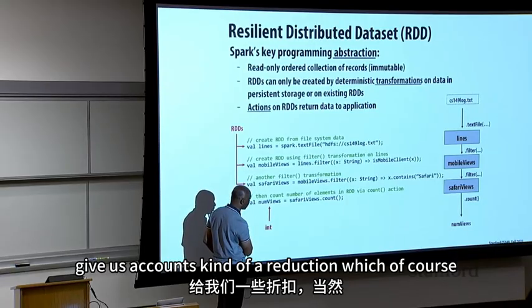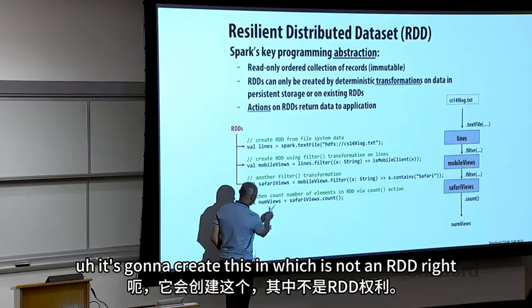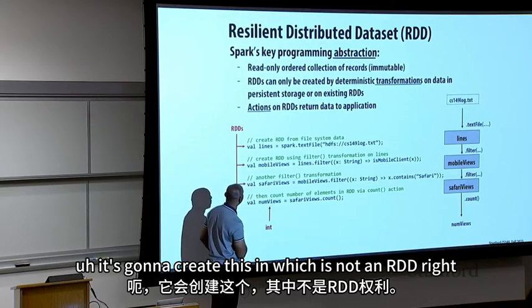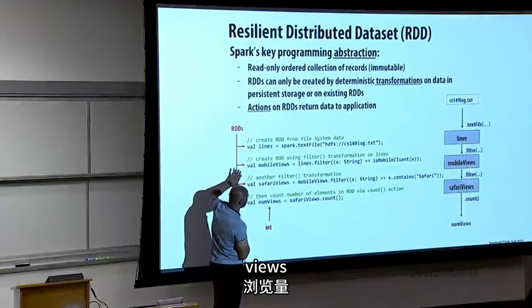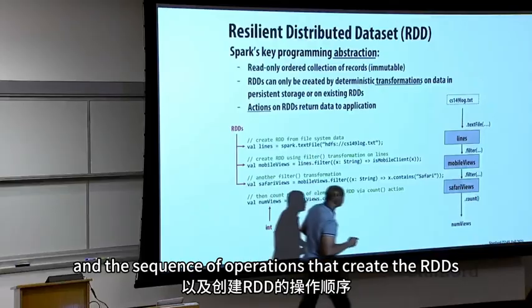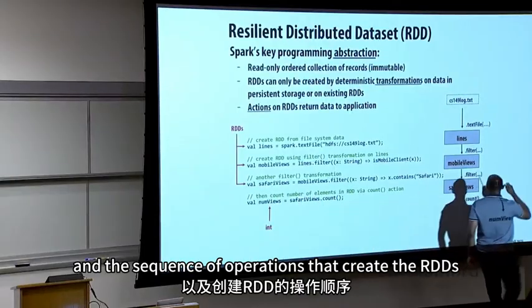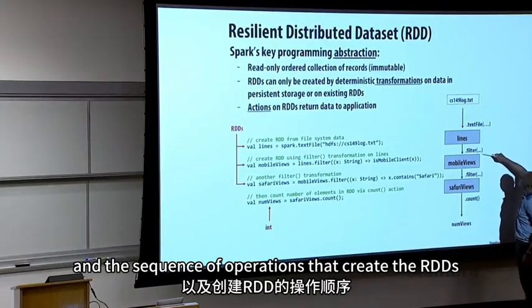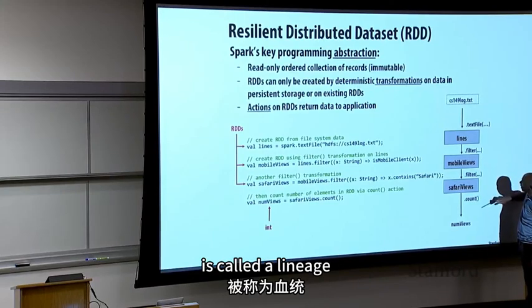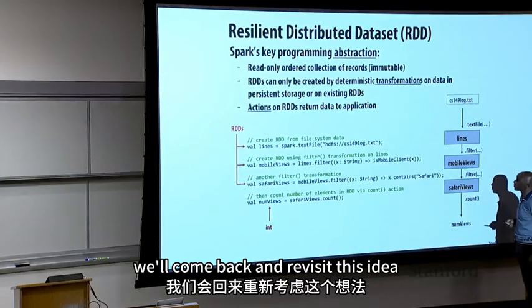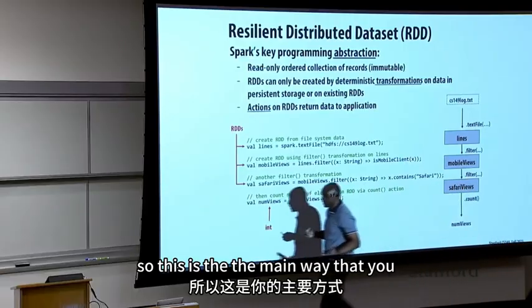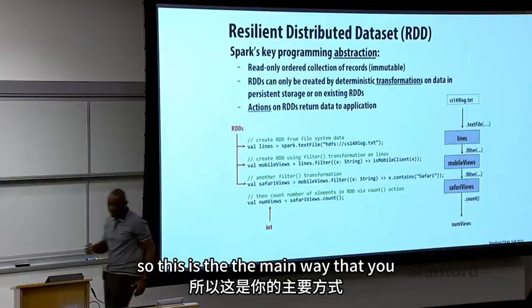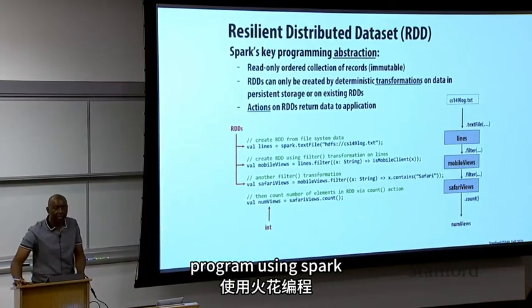It's a kind of reduction, which of course is going to create this int, which is not an RDD, right? But the RDDs are lines, mobile views, and Safari views, and the sequence of operations that create the RDDs is called a lineage. And we'll come back and revisit this idea. Okay? So this is the main way that you program using Spark.